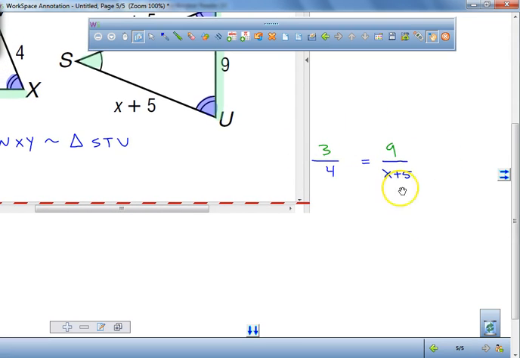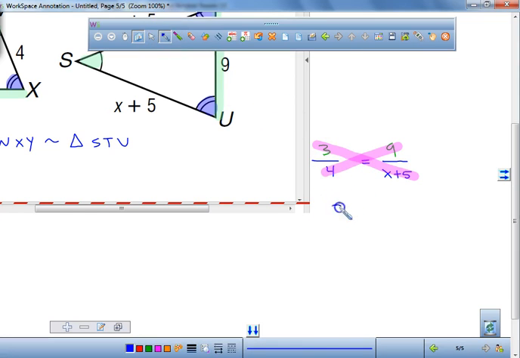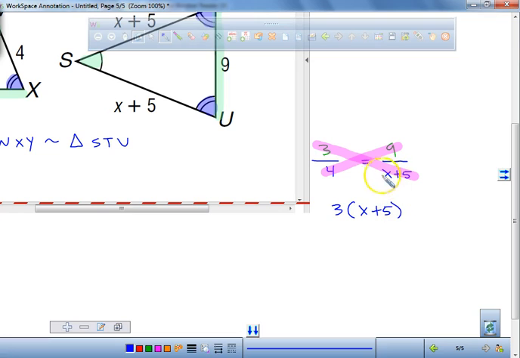Now, what have we set up? We've set up a proportion. So once you set up a proportion, what are you allowed to do? That's right. You're allowed to take these cross products. So we're going to take this 3 right here and multiply it by the sum of x and 5. Notice I put that in parentheses. Very important that whenever you have a binomial, you put it in parentheses. And then 4 times 9.